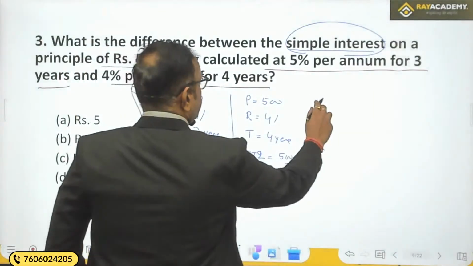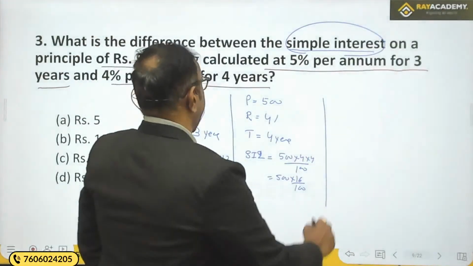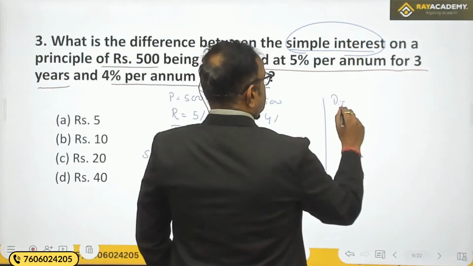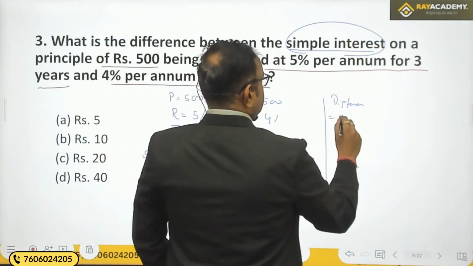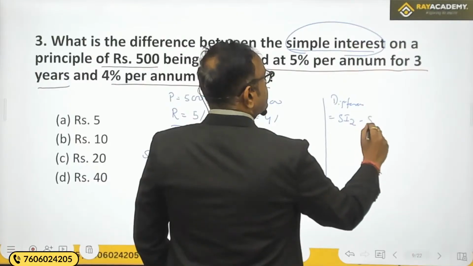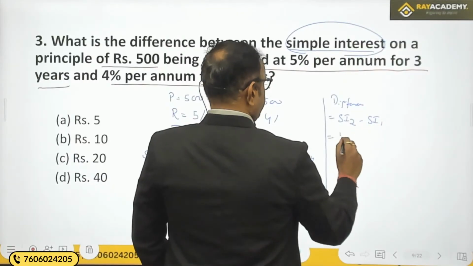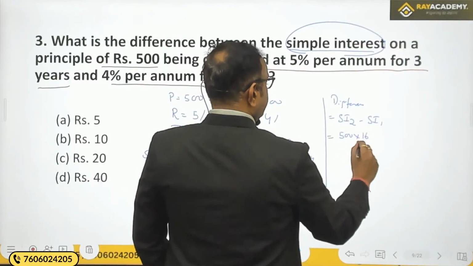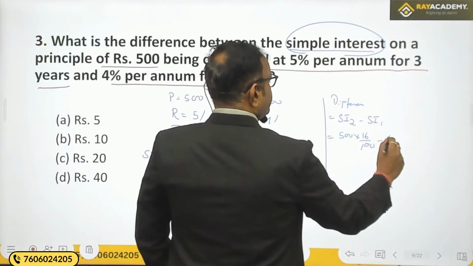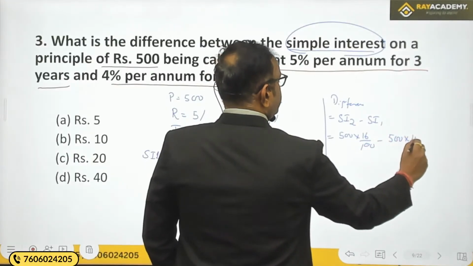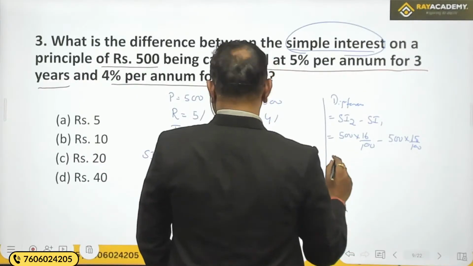But the question is the difference. So the difference is simple interest 2 minus simple interest 1. That is 500 into 16 by 100 minus 500 into 15 by 100. Okay.